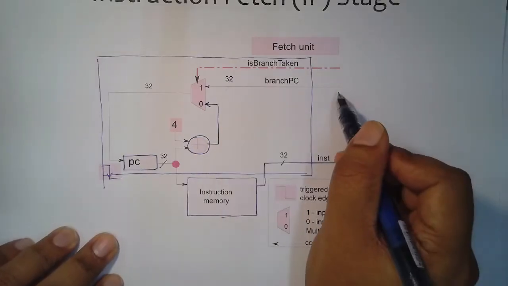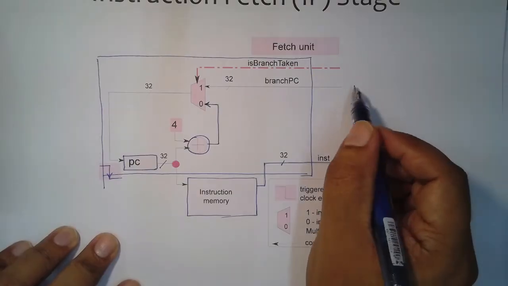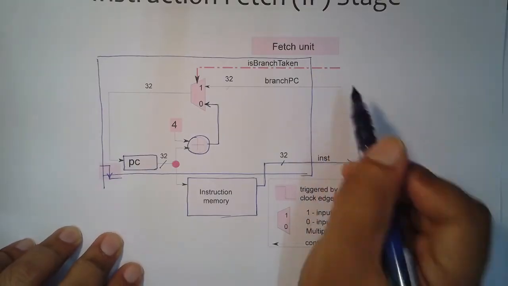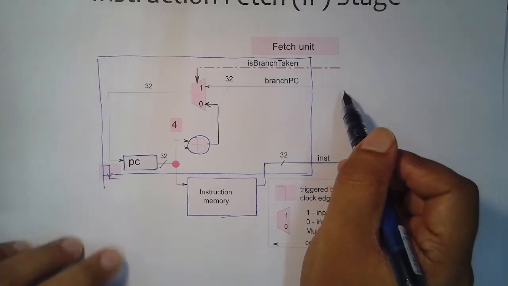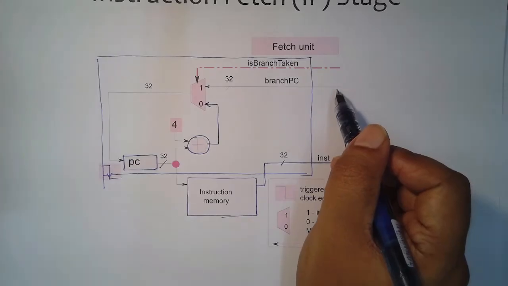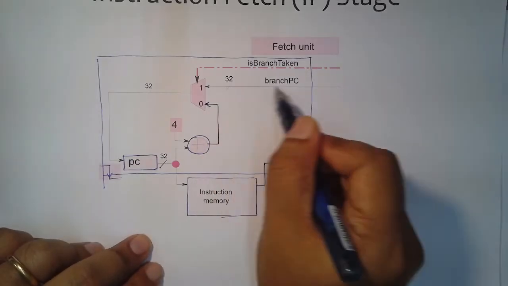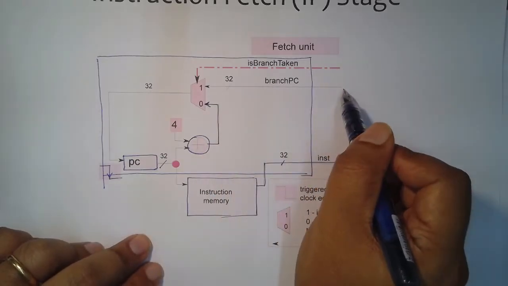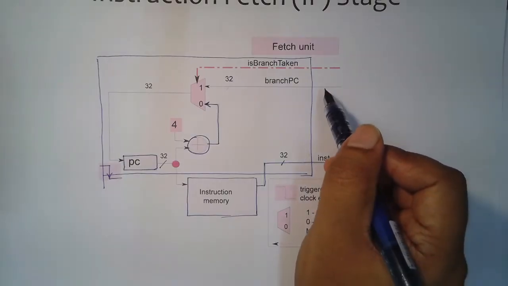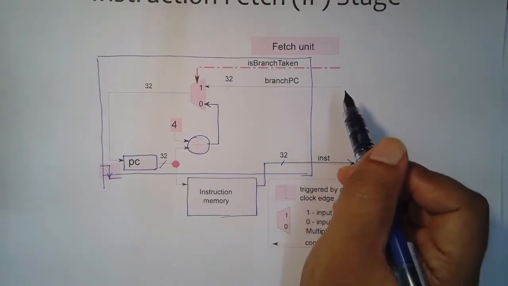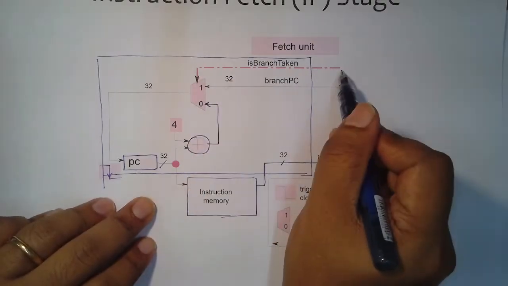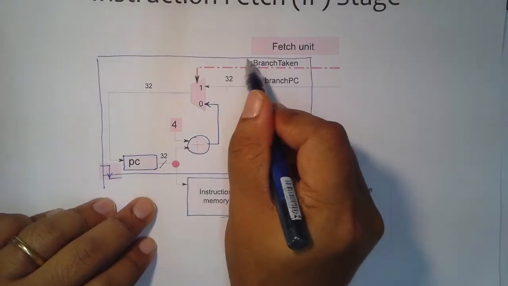if there is an unconditional branch, then the new address will come from there, because there you will have an offset which you need to add to the PC, and that is how we will get the new branch address. Or even if there is a conditional branch which is evaluated in the execution stage, and you know the branch will be taken, there is a control signal, is branch taken.